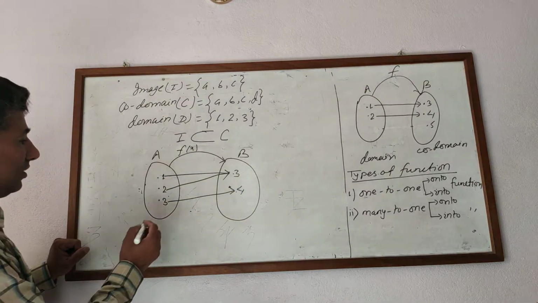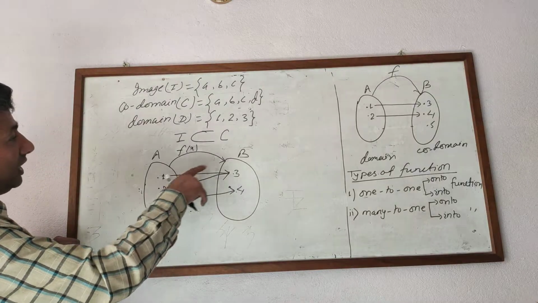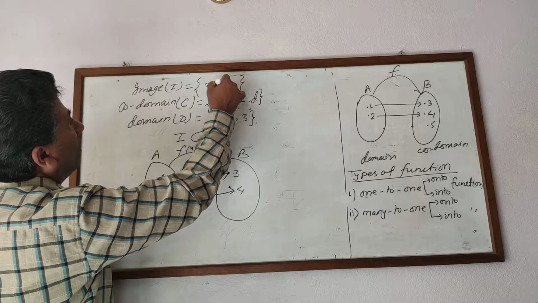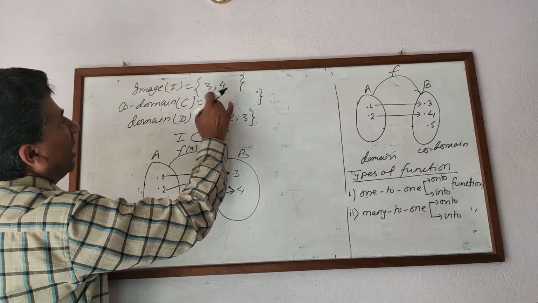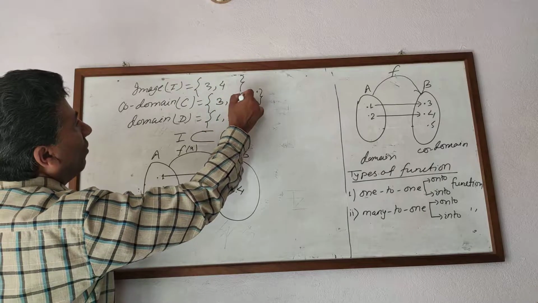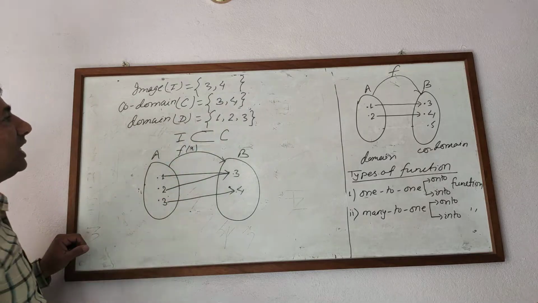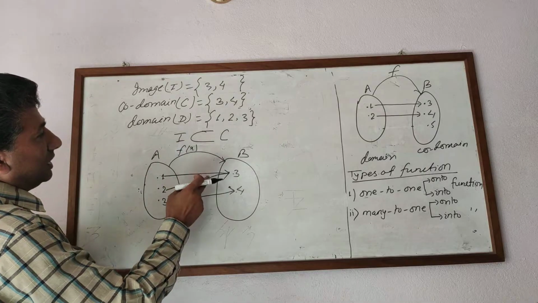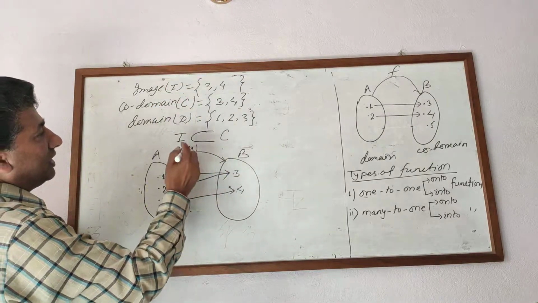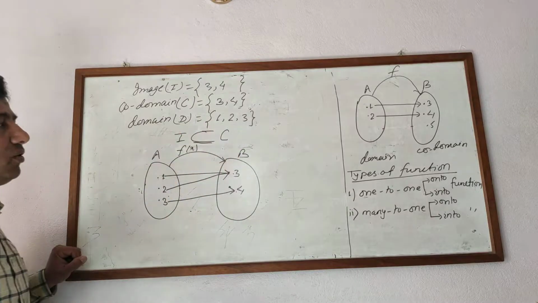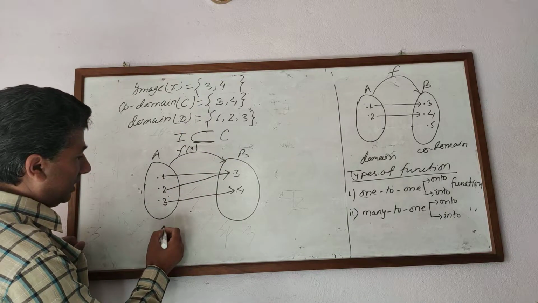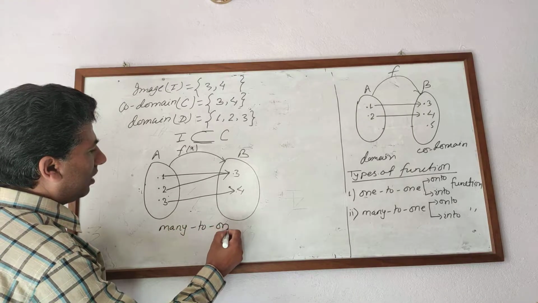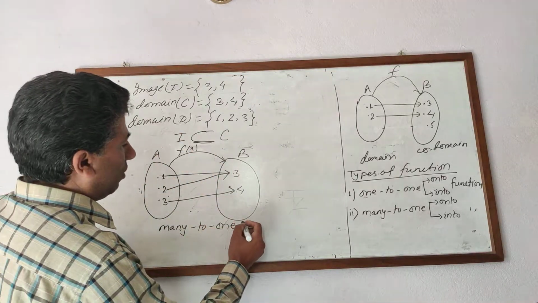Now the set of images is 3 and 4, and the set of codomain is also 3 and 4, and the set of domain is 1, 2, 3. Now in this case, the set of images is equal to its codomain. That's why it is many to 1 onto function.